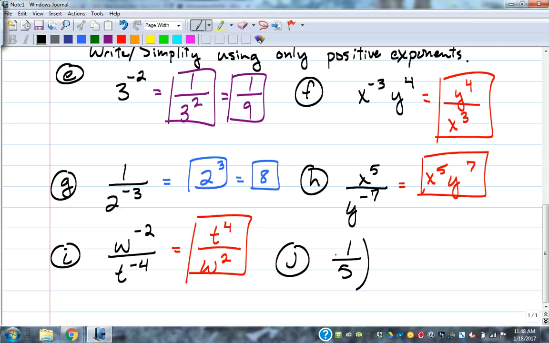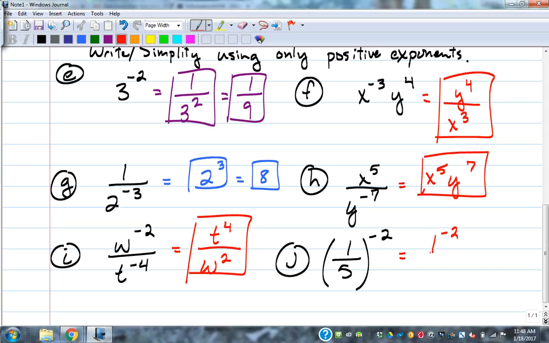1 over 5 in parentheses to the -2. So we're starting to incorporate some of our other rules with this example. What's the rule for parentheses with an exponent outside? Distribute, that's right. So the 1 ends up with a -2, and the 5 ends up with a -2.